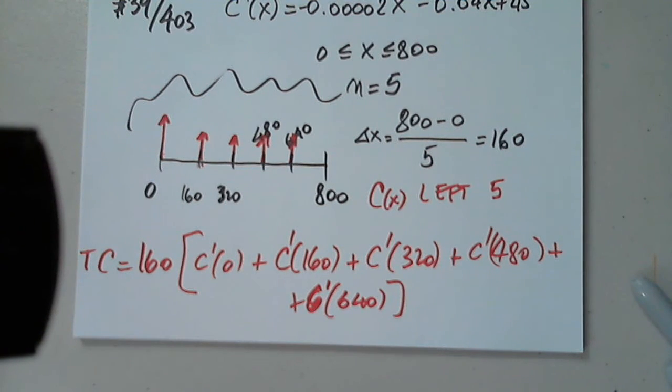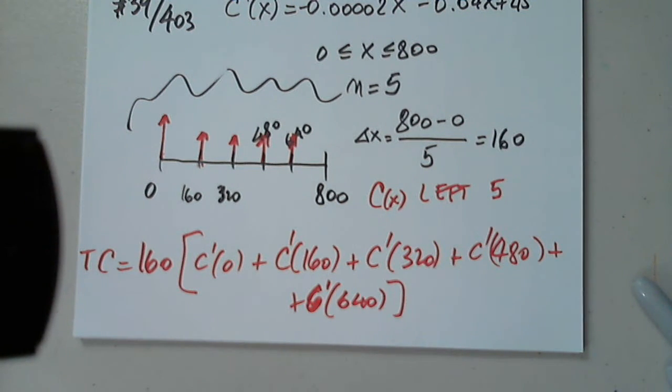So I go to Stat and I edit list L1. In list L1, I have 0, 160, 320, 480, and 640. And in list L2, I will put in this function.